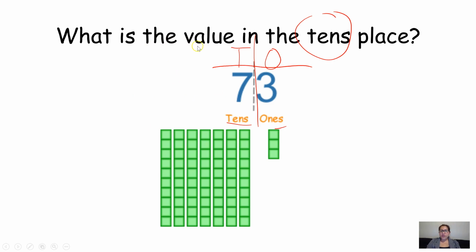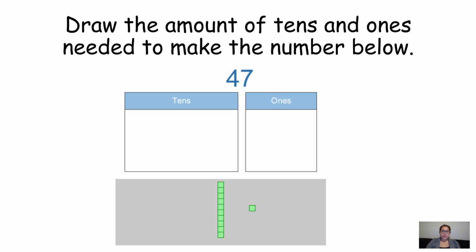We're going to count by tens: 10, 20, 30, 40, 50, 60, 70. So the value in the tens place is 70, because remember that each row, each set is 10. So therefore we are counting by tens. There are 7 of them, which makes 70.